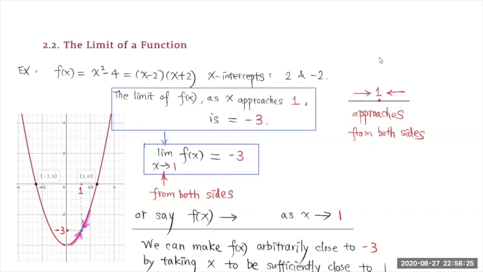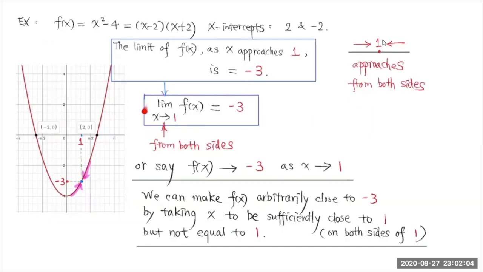The y value will approach negative 3. So as x approaches 1 from both sides, y, which is f of x, is approaching negative 3 here. Another way to say this is we say f of x is approaching negative 3 as x approaches 1.